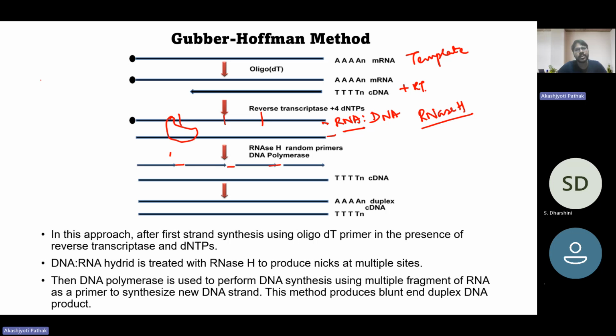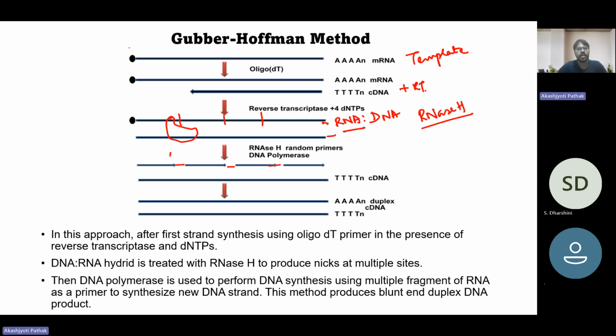Before loading this RNA DNA hybrid onto the alkaline sucrose gradient, you are first treating it with oligo DG, or you are treating with the terminal transferase, so that multiple cytosine base pairs can be added at the 3' end of the mRNA and the new DNA strand. And then you are synthesizing the new DNA strand using the oligo DG primer.